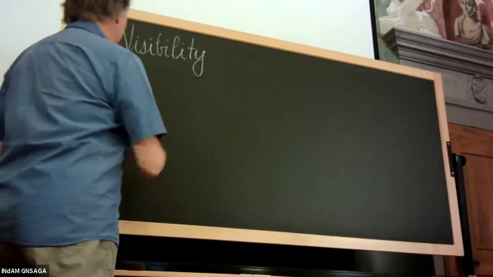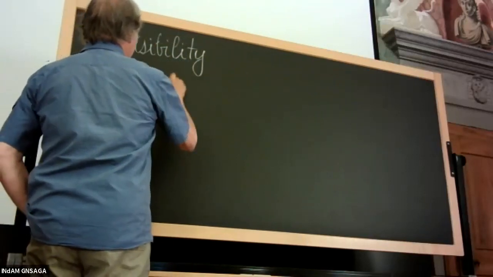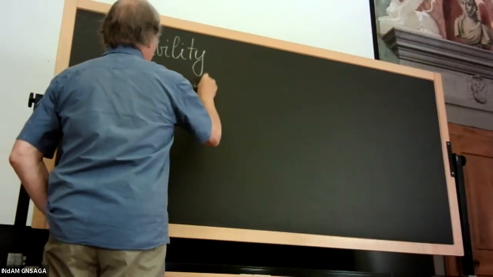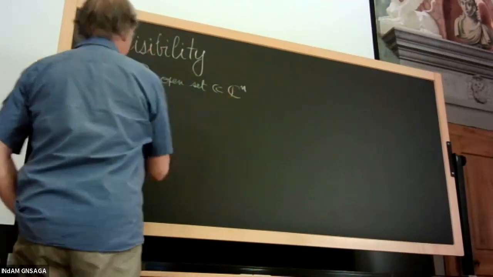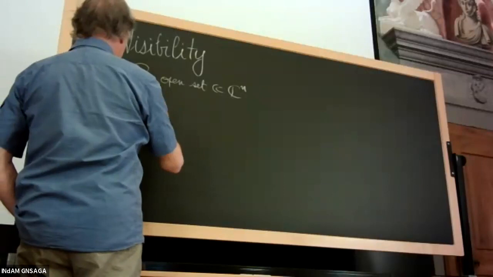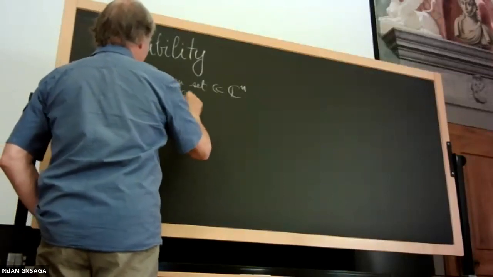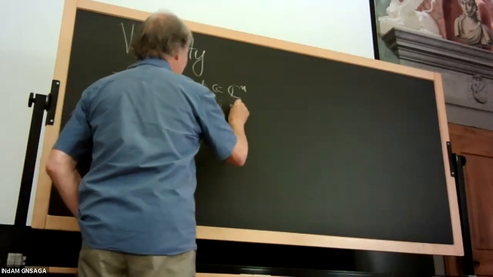Everything I'm going to do is in an open set, which is relatively compact in C^n. And everything will be with respect to K_omega, which is the Kobayashi pseudo distance, but I will forget the pseudo very quickly.